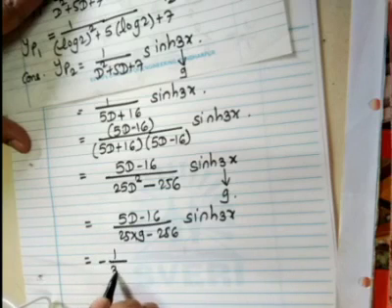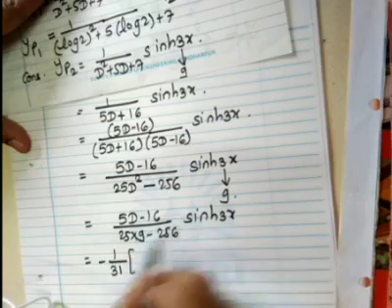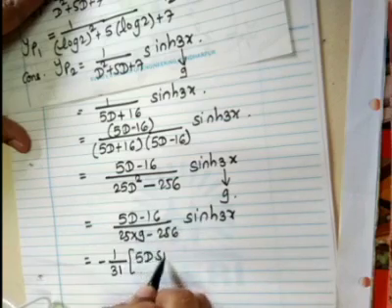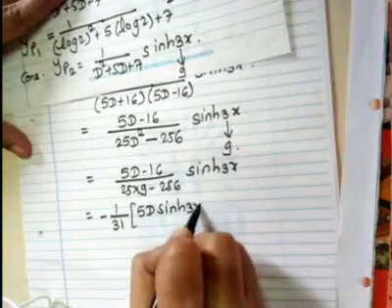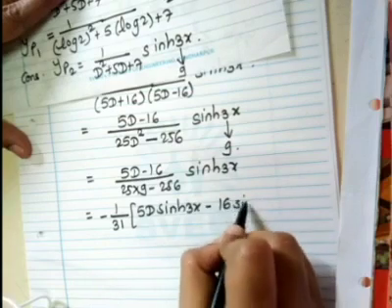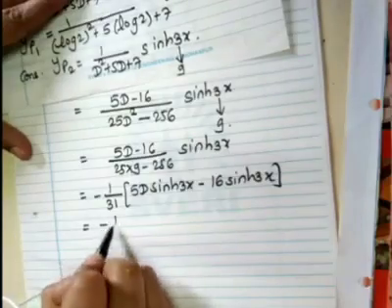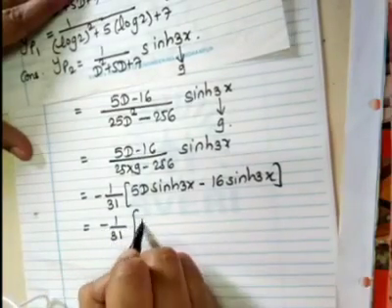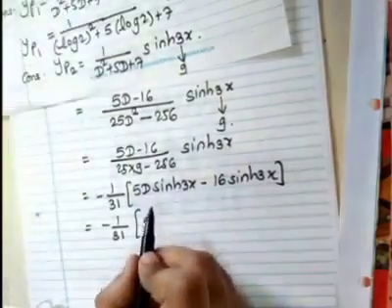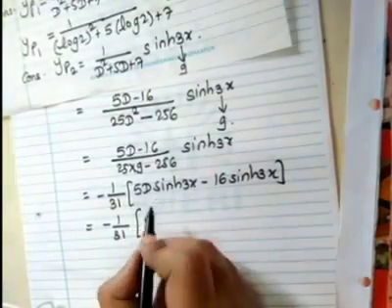So 1 upon minus 31 into 5d sine hyperbolic 3x minus 16 sine hyperbolic 3x. That is minus 1 by 31 into 5 into derivative. What is the derivative of sine hyperbolic?